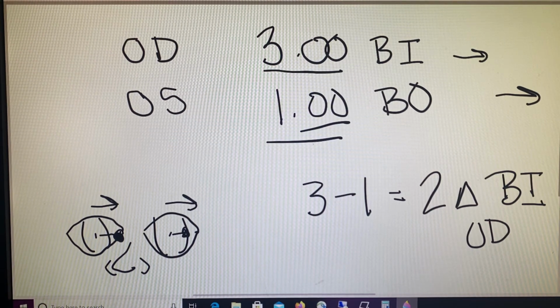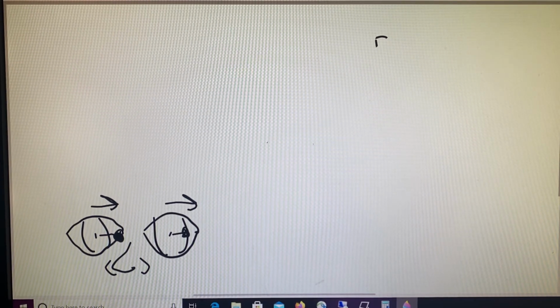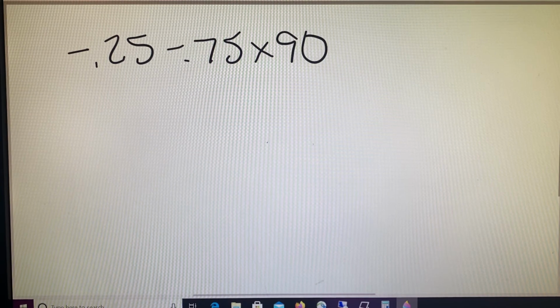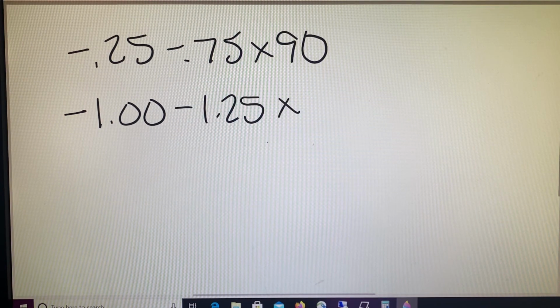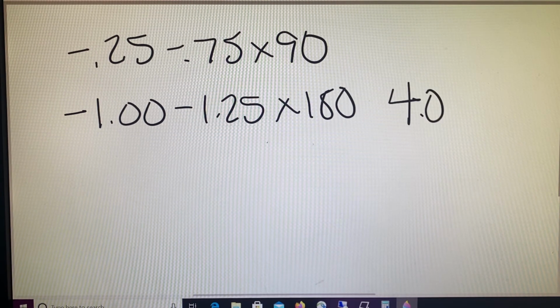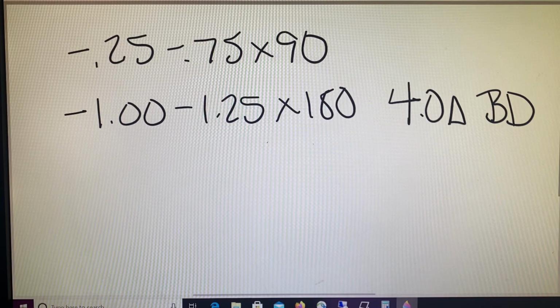Again, let's go back to our splitting situation. We'll do one more quick example before we complete this discussion. So if we had just a simple prescription here, and our patient was prescribed prism, let's say 4 diopters of base down in the left eye.